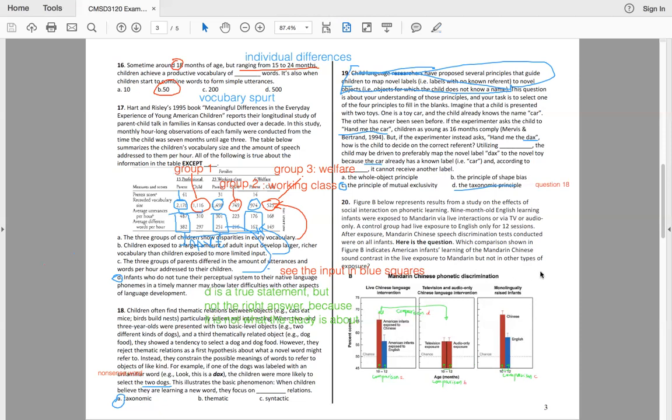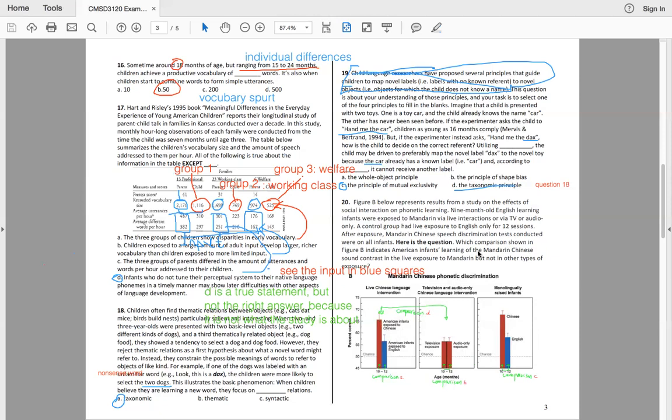If you are familiar with the study, you know there is live exposure, television exposure, and audio only exposure.